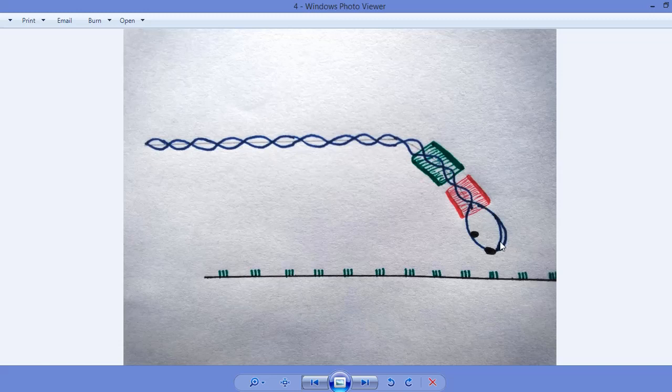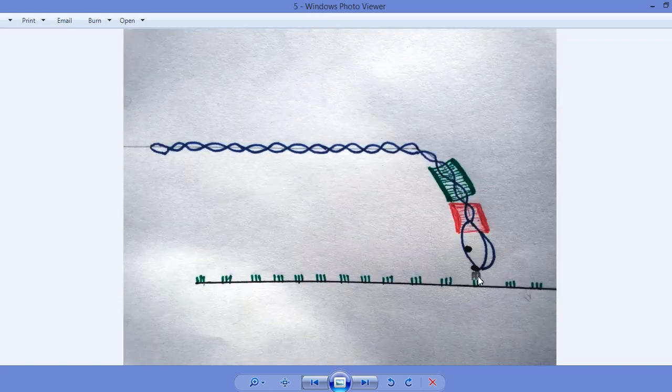Once again, this head comes in contact with another active site, as the actin fiber contains a large number of uncovered active sites. So once again it comes in contact with another active site and makes a strong bond, and the attachment of this head is strongly supported by this hinge. So this hinge supports the strong bond of this head with the actin filament.